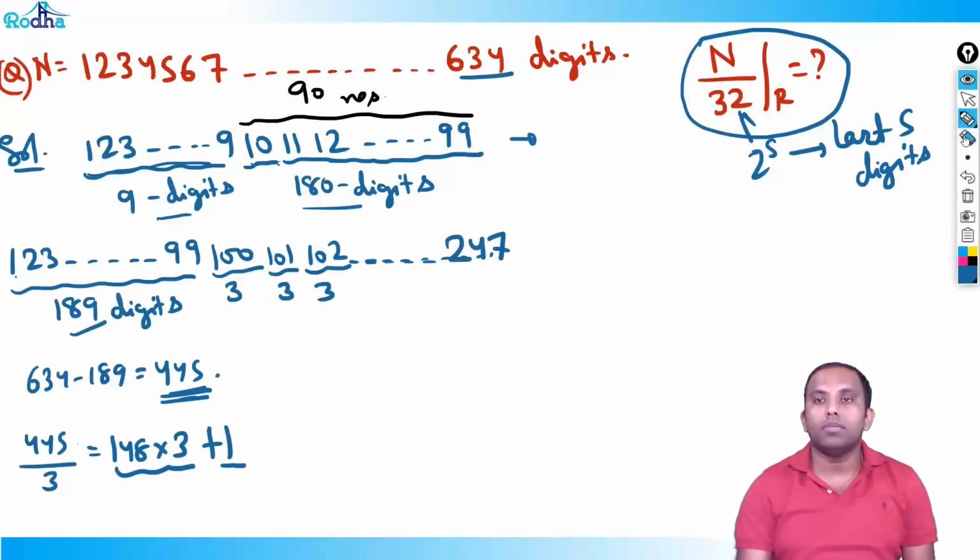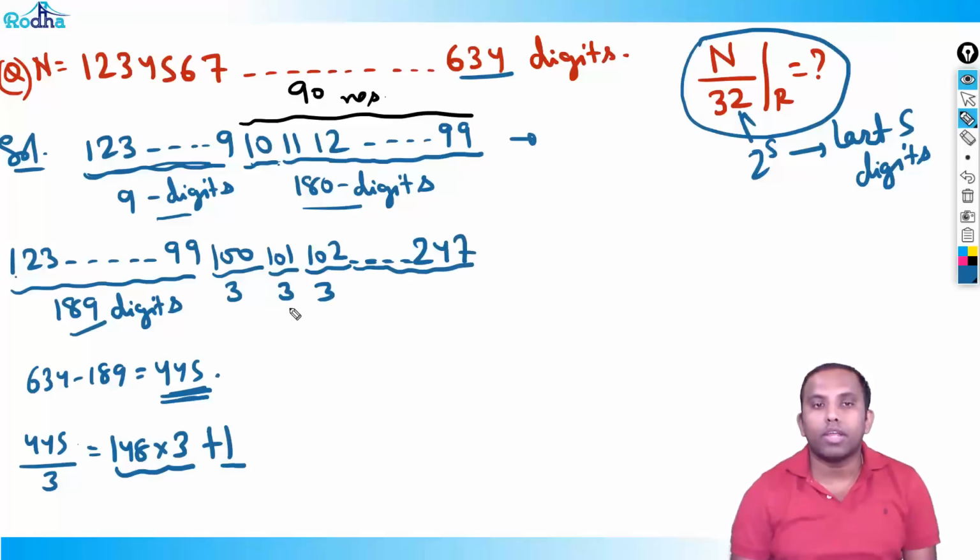So 148 numbers of 3 digits each. This counts for 148 into 3, total 444 digits.